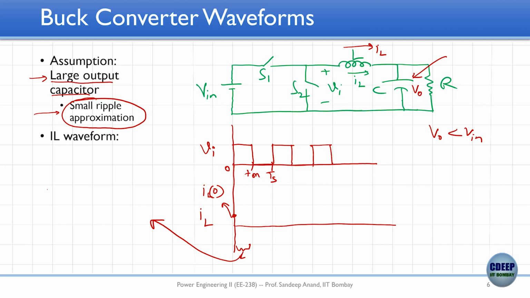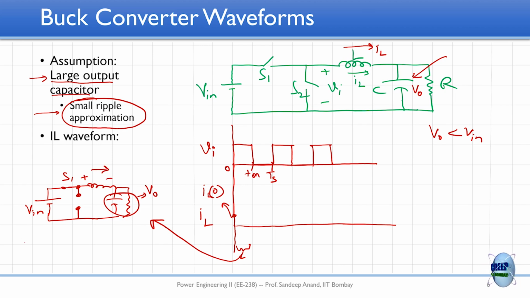If I draw the equivalent circuit of this, it would be Vin, switch S1 is closed, S2 is anyways open, there is an inductor and there is a cap and R, but this whole thing I can assume to be stiffly maintained at V0, and therefore I can write Vin minus V0 is equal to L dIL by dt. If I assume Vin is more than V0, di by dt becomes positive, the slope becomes positive and my current would rise.